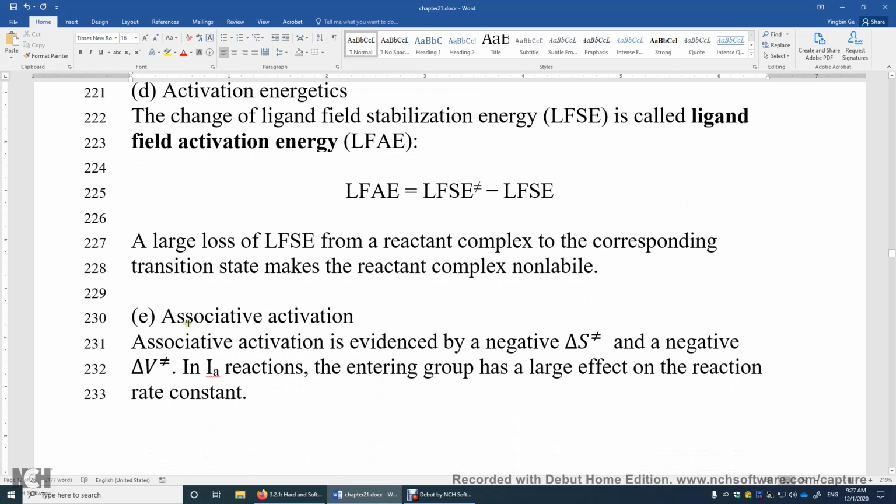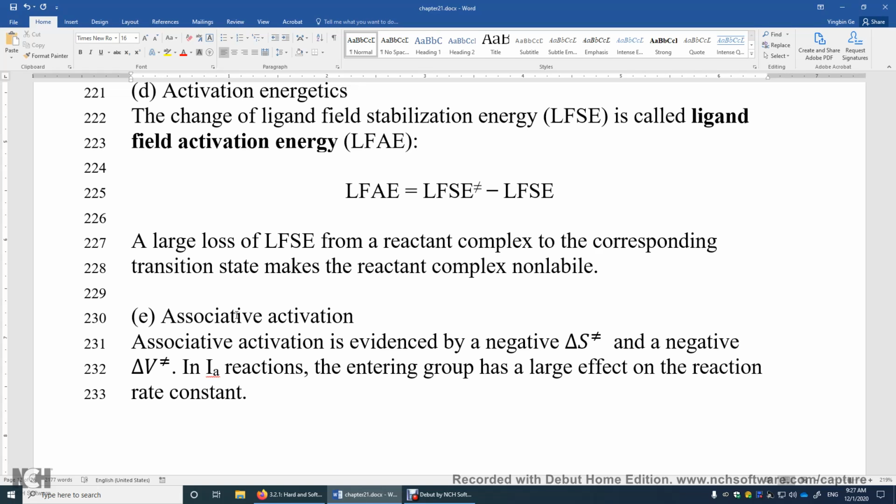Subsection E, associative activation. This means the first associative step is the rate limiting step. So in this case, the entering ligand matters. The reaction rate constant depends on the entering ligand. So the reaction rate constant changes when you use different types of entering ligands.